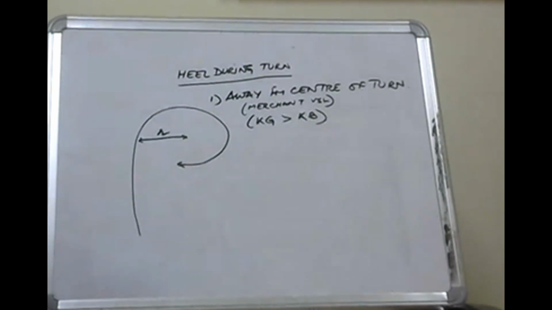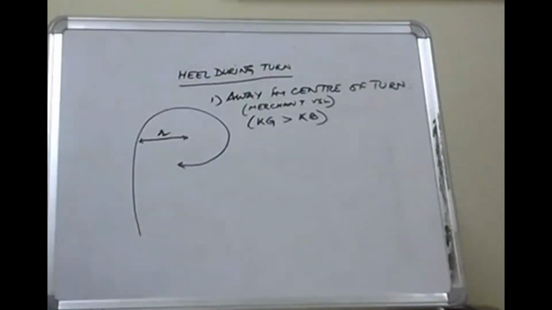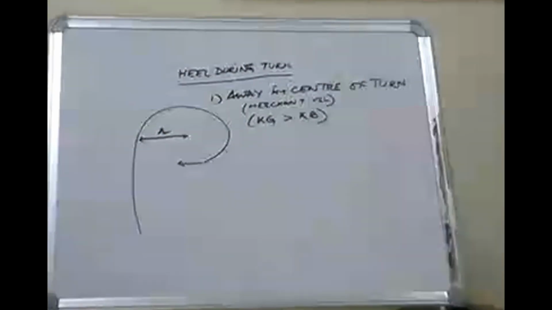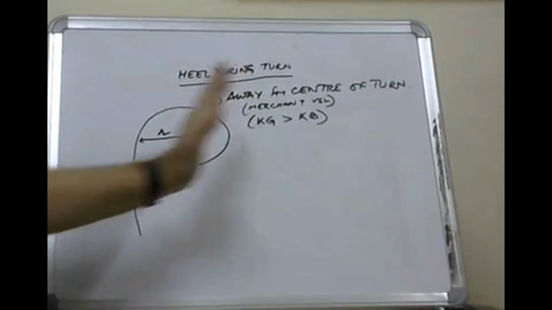It says that when a body moves in a circular path, it experiences a centripetal force, which will take it towards the center of the turn. That centripetal force will be mv square by r.